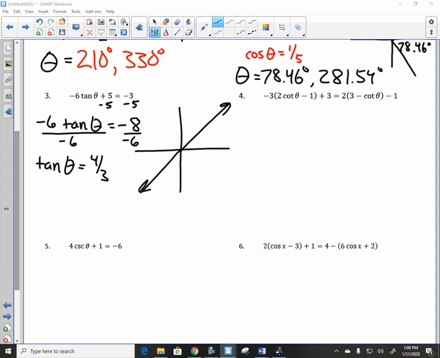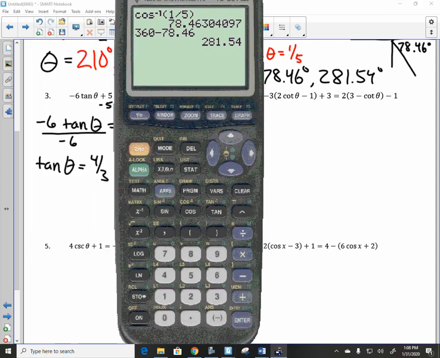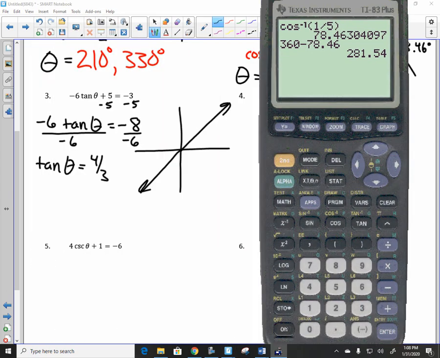What do I do now? I go second tangent, and I type in 4 divided by 3. And I get 53.13. Always put the angle between the angle and the x-axis.